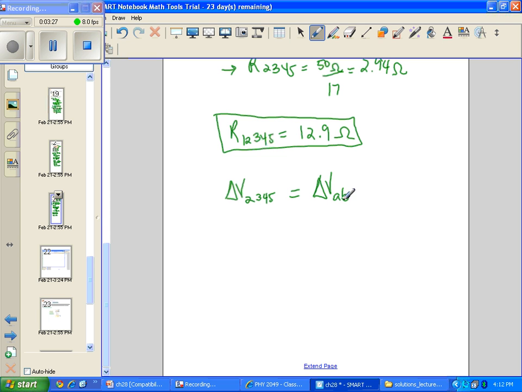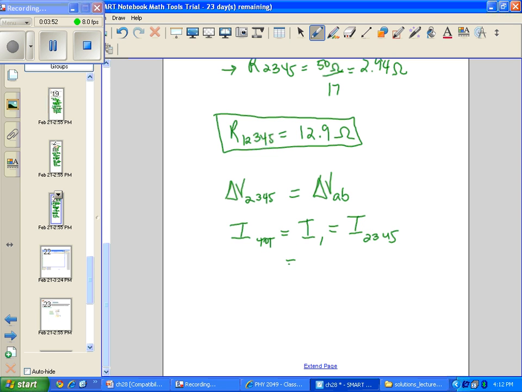So what can we do? Well, the first thing we note is that I total is the same as I1, the current through resistor 1, but it's also the same as I2345, in other words, the current through the combination 2, 3, 4, 5.